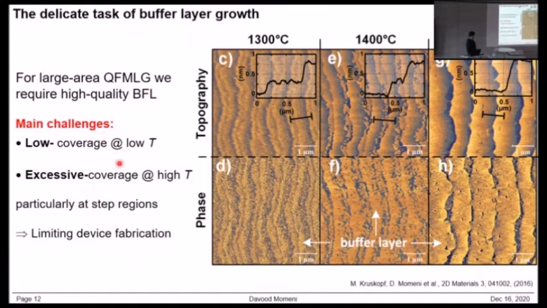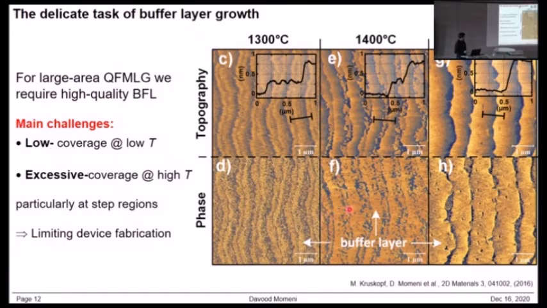You can see these two fundamental problems better in these three exemplary samples. The samples were processed for the same time, but at different temperatures. From the AFM topography, you can see different step bunching, or that the morphologies of the samples are different.